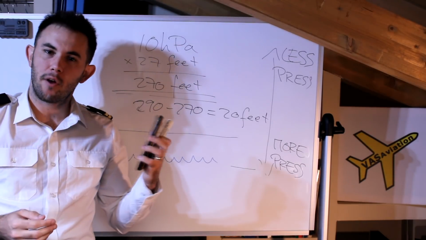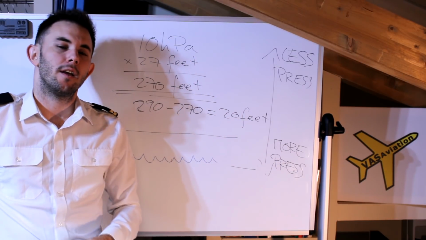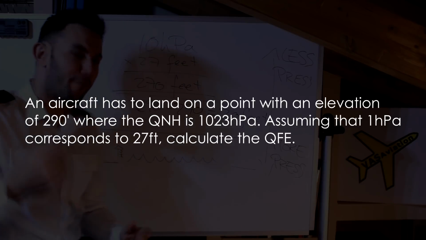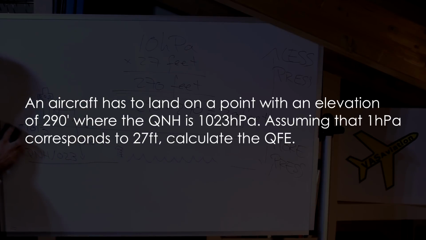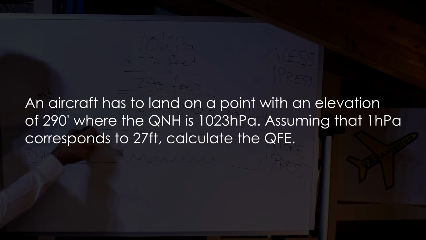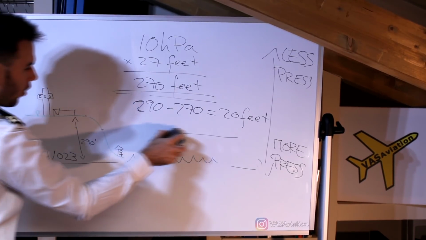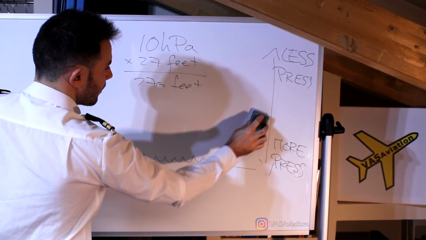Now, taking advantage of this question, I'm going to create another question for you, and that is: calculate the QFE at this airport with the information given by the question. So while I am removing all these calculations, you have time to calculate the QFE.